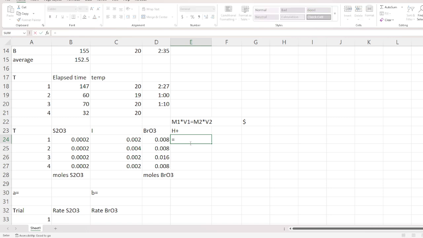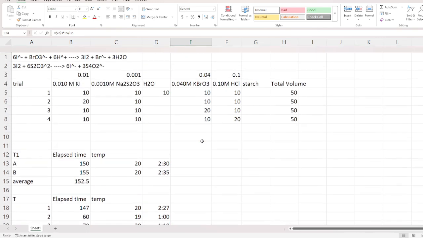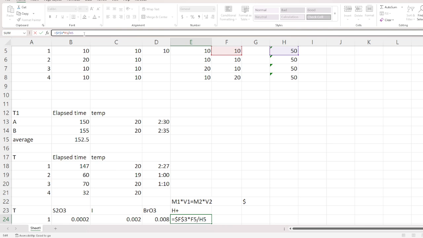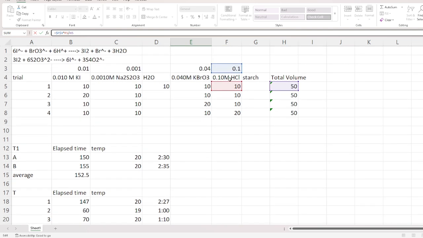And that equals always F, always 3 times F5 divided by H5. And when I drag that down, that will only change on the last value. And if you click into this bar, it will highlight the relative boxes.